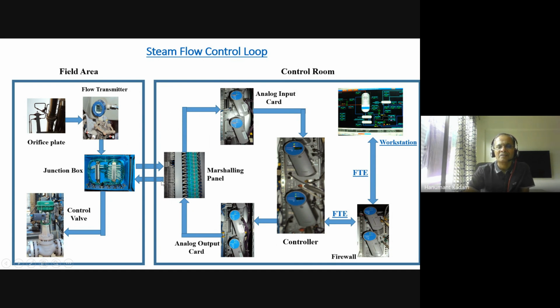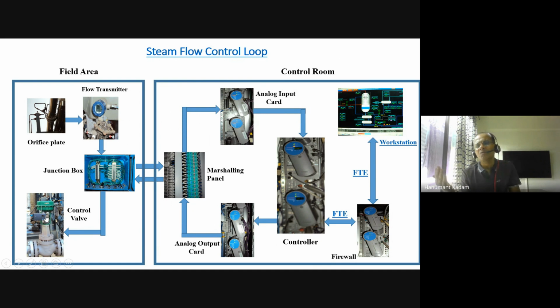From there, again on this cable, the signal comes to the field junction box, and there it goes to the I2P and control valve. So overall this is the way hardware is installed, and it is scaled down.